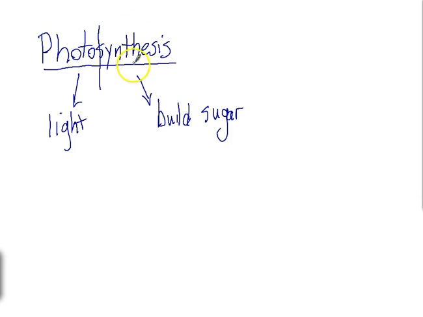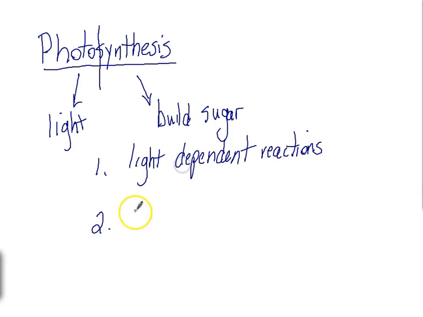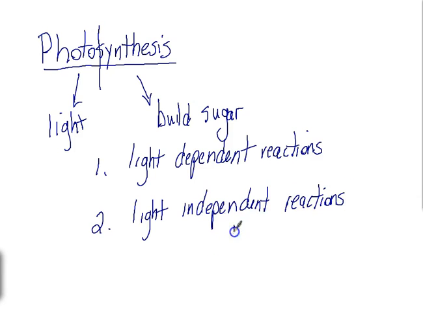Photo is the first part. Synthesis is the second. Now, officially, these steps are called the light-dependent reactions and the light-independent reactions. And this is also known then as the Calvin cycle. So again, photosynthesis, 2 steps.